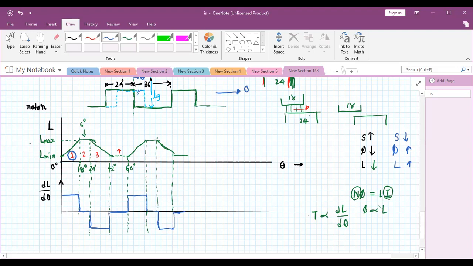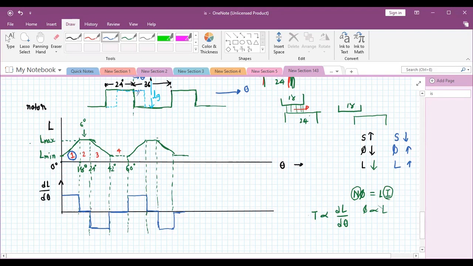Now the question is that the torque is coming positive, then negative, then positive, then negative. So what you have to do? You have to adjust the injecting current sequence. Injecting current sequence means the supply to the A phase, B phase, C phase and D phase, in such a way that we are getting only positive torque.